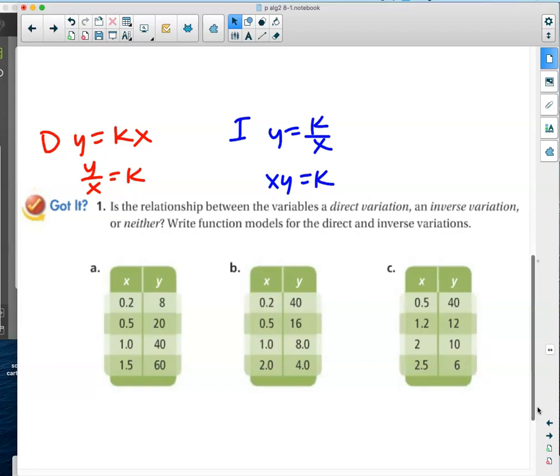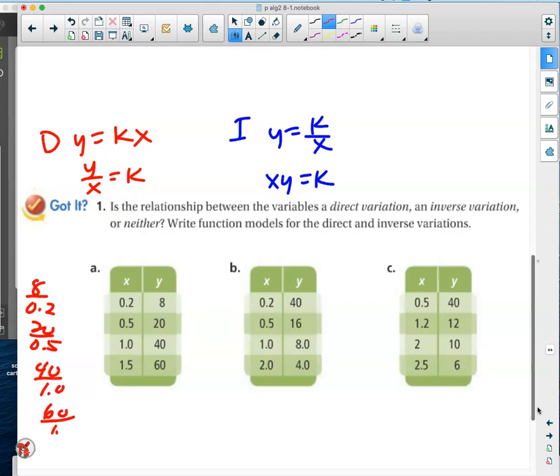Direct or inverse? Direct. So if I do division here, I should see the same thing every time, huh? And what was the same thing? So what was the little equation to represent it? Direct variation. Go after B.